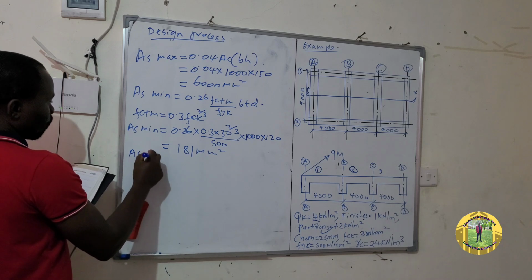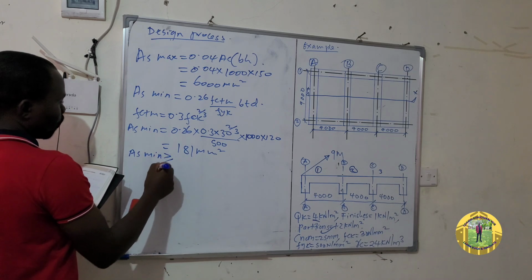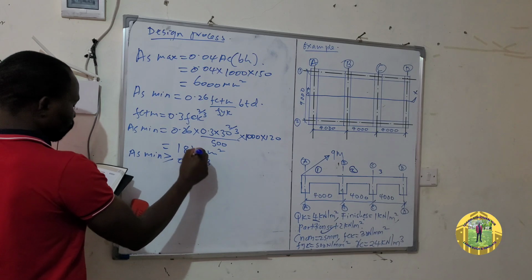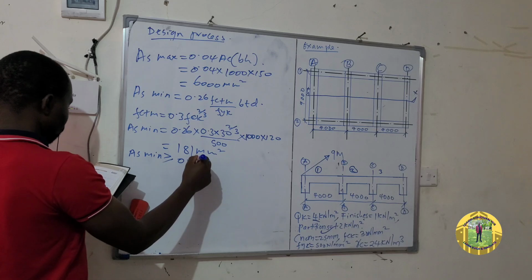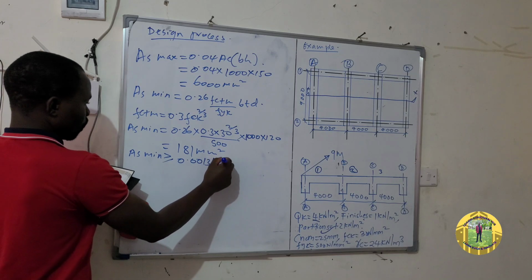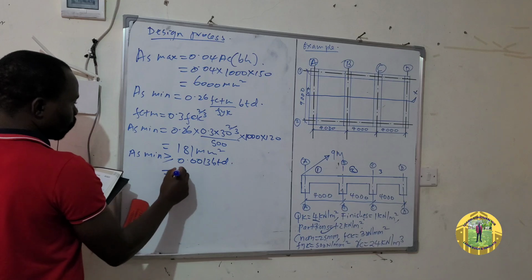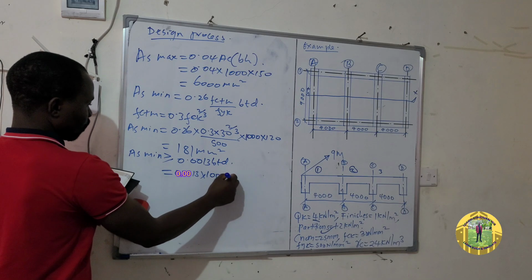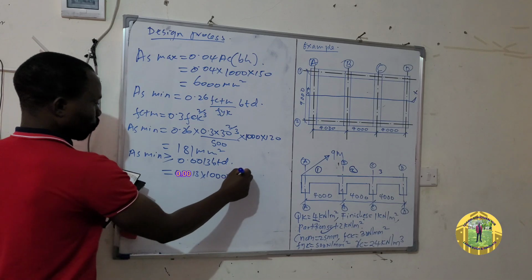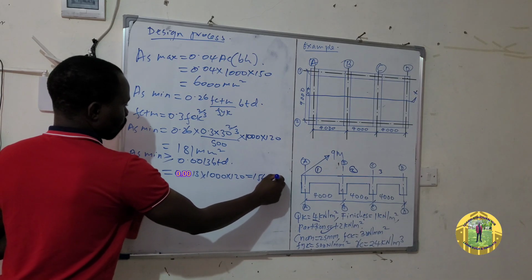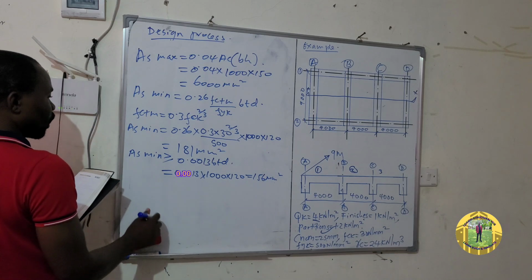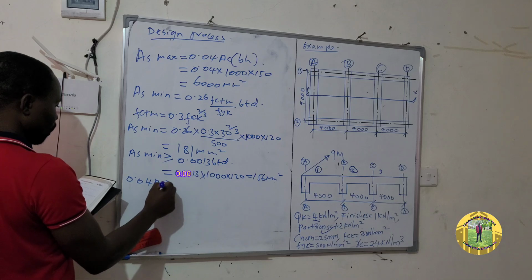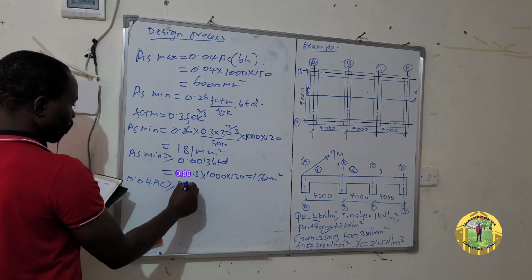And remember, AS minimum must be greater or equal to 0.0013 BTD. So this one is equal to 0.0013 times 1,000 times 120. So this is 156 millimeter square. So the expression is 0.04 AC must be greater or equal to AS1.